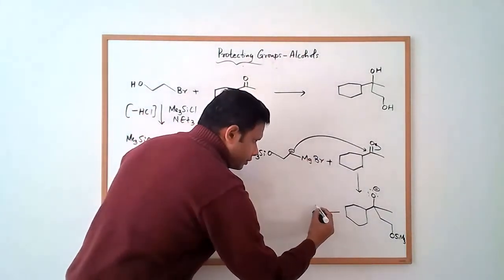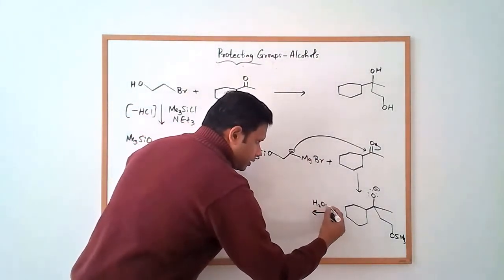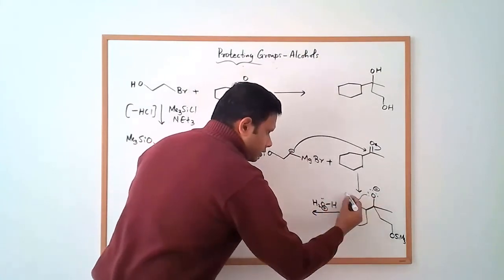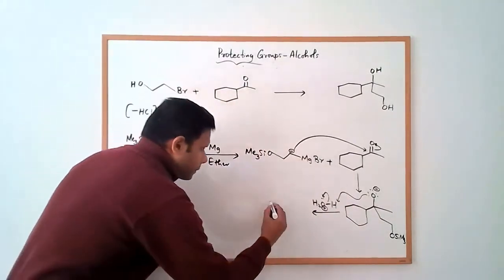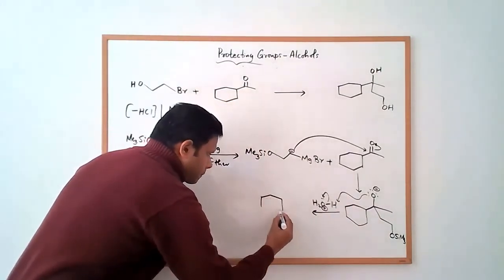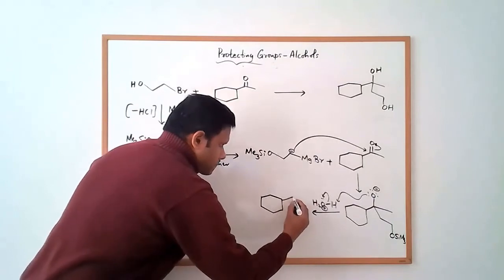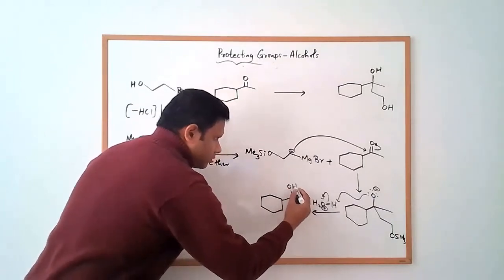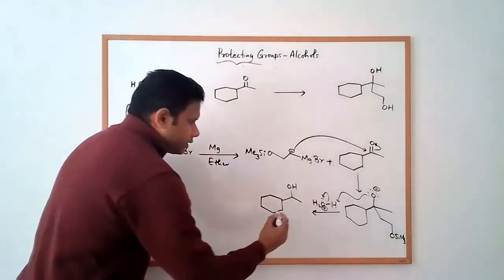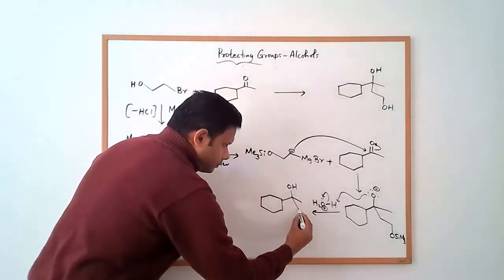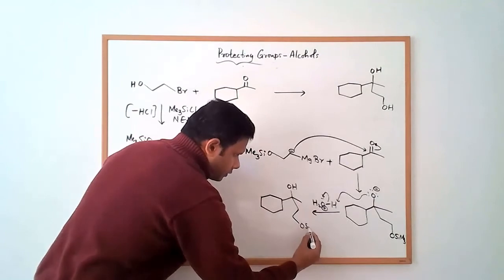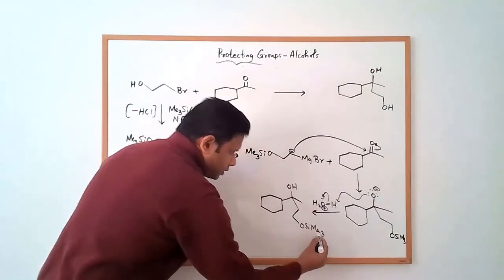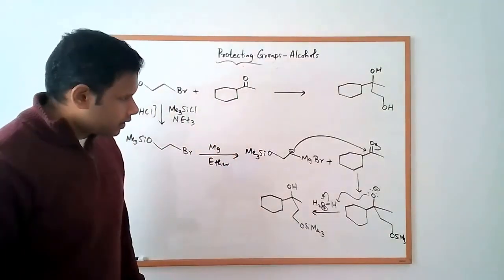So this is a separate step now. When we react this with an acid, this alkoxide is going to get protonated. That will give me a hydroxyl group up there. And the silyl protection is still there.